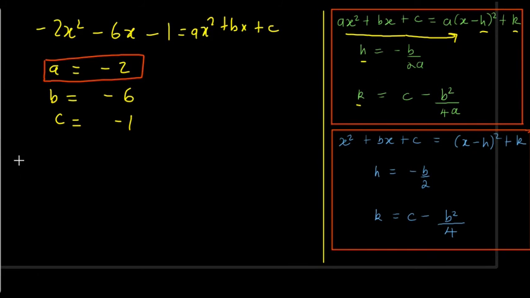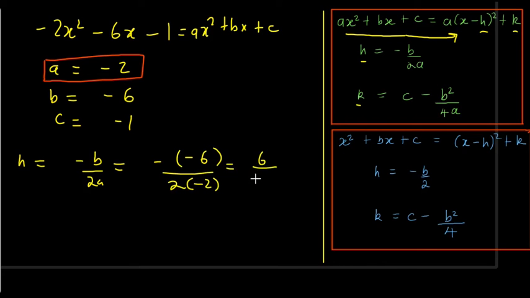So let's solve. Our h is minus b over 2a, which is equal to minus (-6) over 2 times -2, which is the same as 6 over -4, or -3 over 2.